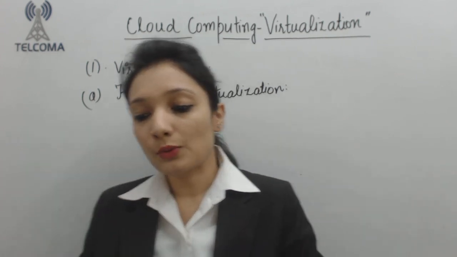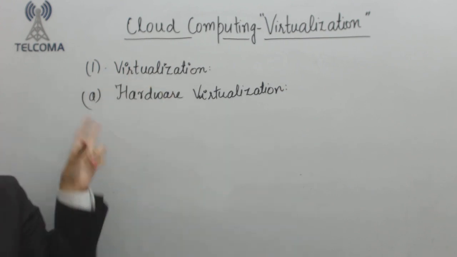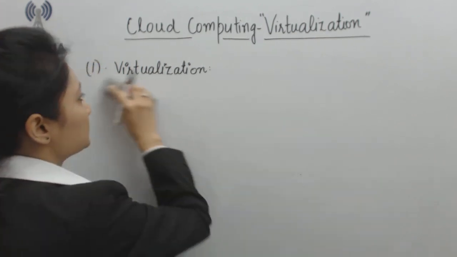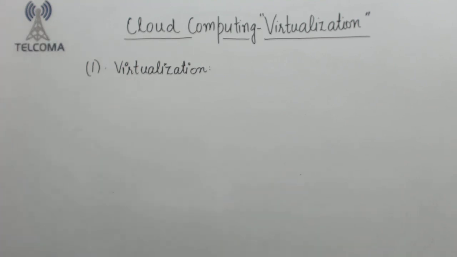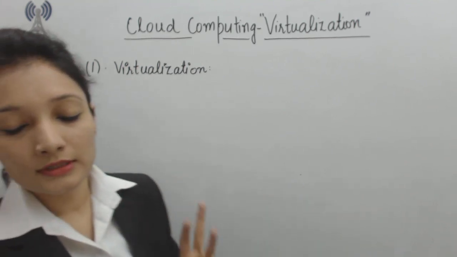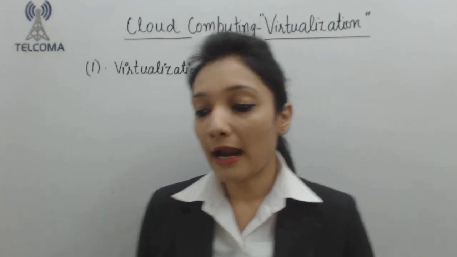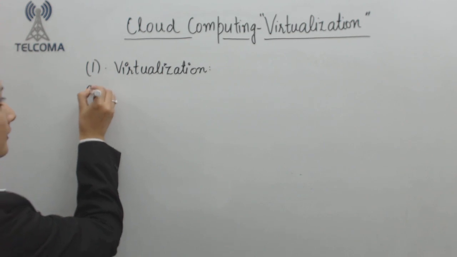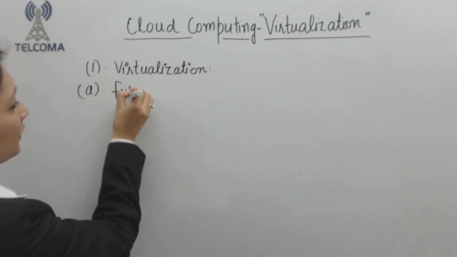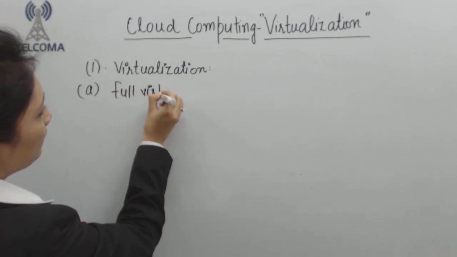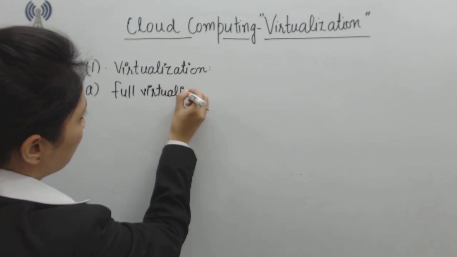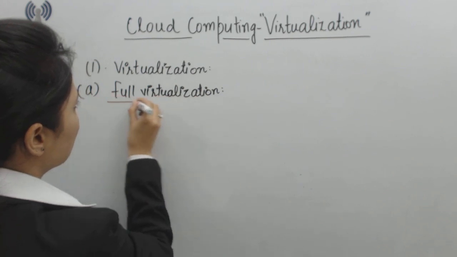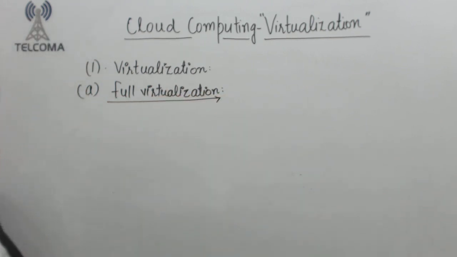So basically what we're going to discuss here is the kinds of virtualization. We have full virtualization, emulation virtualization, and para virtualization. First of all, we have full virtualization.